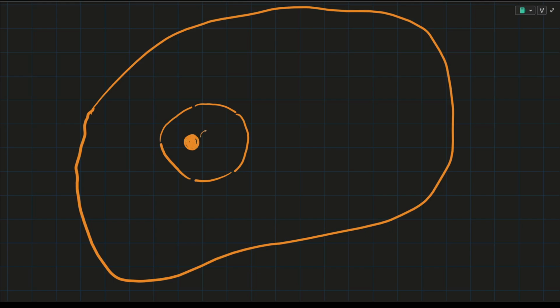And then within the nucleus, you have these things. I'm going to use that color and I'm going to use this color on top for those. And then this nucleus is actually a double membraned structure, meaning it has two membranes.